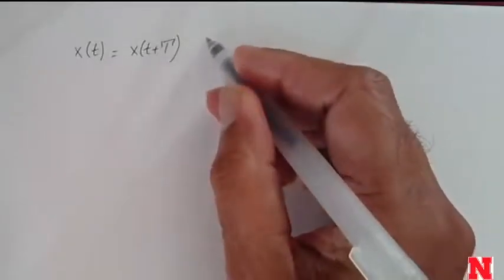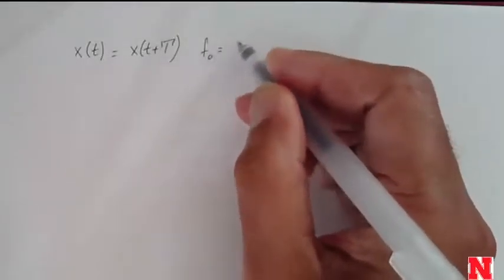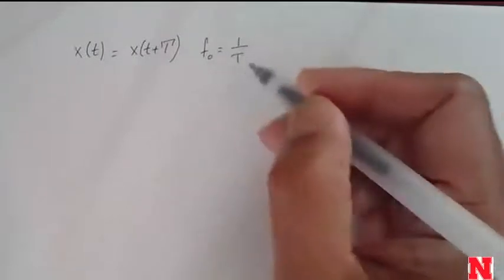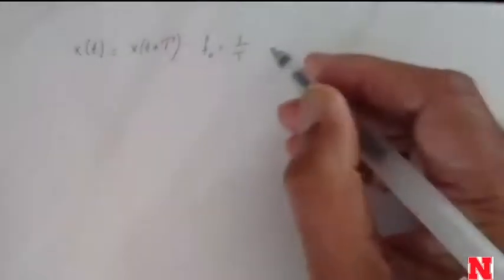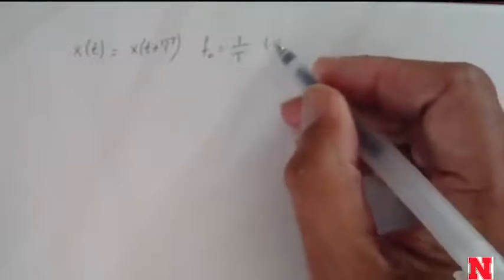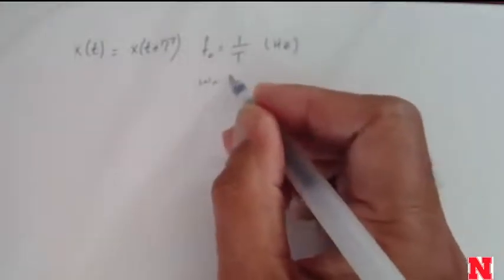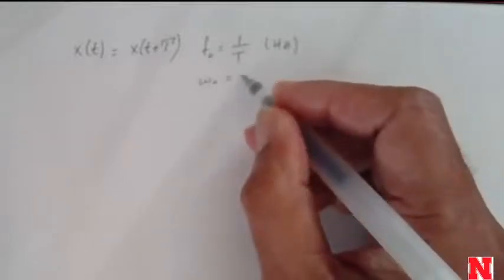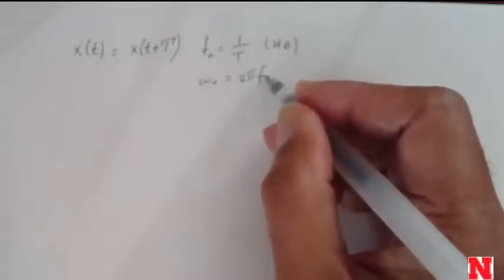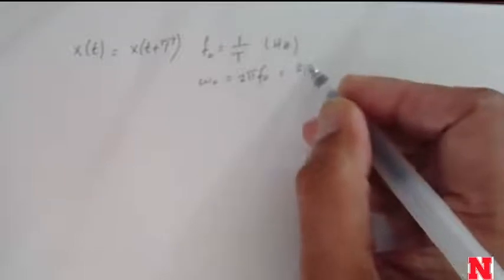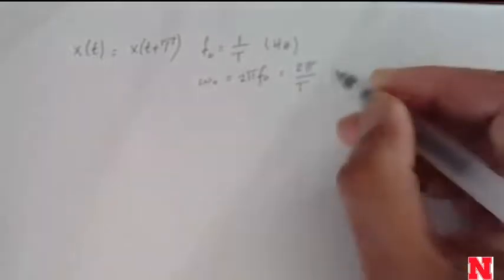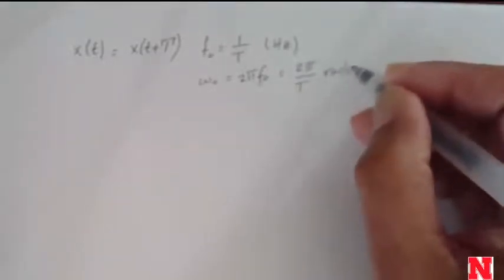The fundamental frequency of the signal is 1 over cap T in hertz. So this would be if I was using hertz. Or what we will use is the frequency in radians, which is just 2 pi times f naught. So it's 2 pi over cap T. And this will be radians per second.